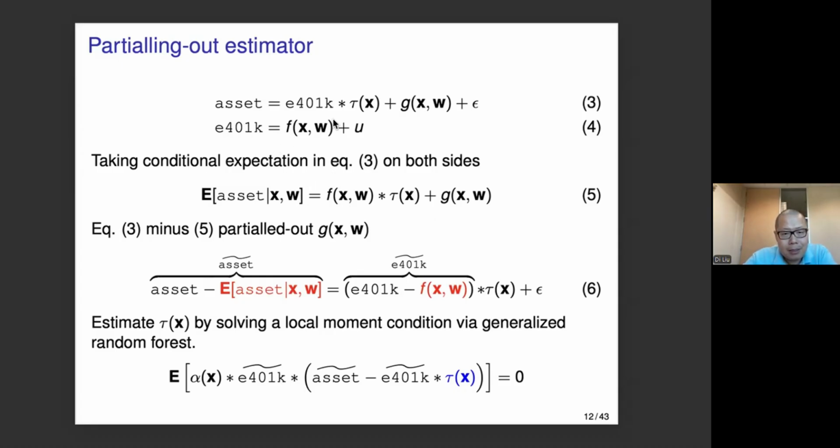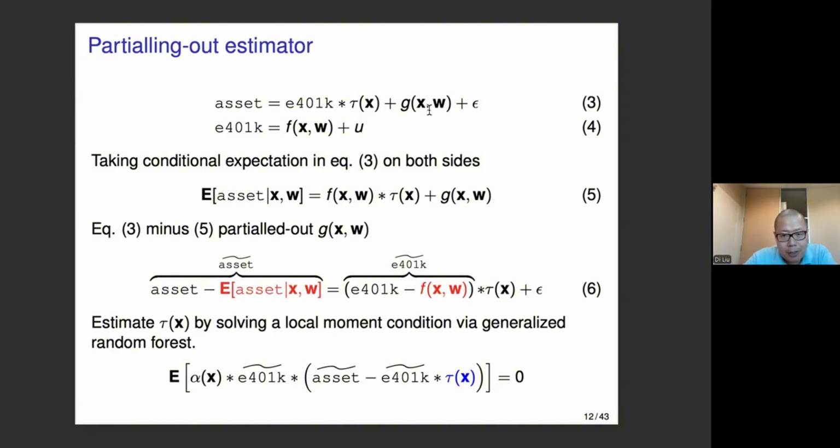Notice that the conditional expectation of e401k is just the f function. In these conditional expectations, the g function appears, and in the unconditional part, the g function also appears. So we can just subtract equation 5 from equation 3, and this is the result.